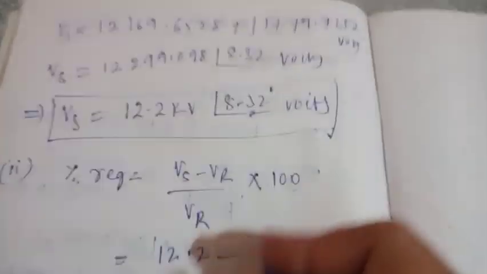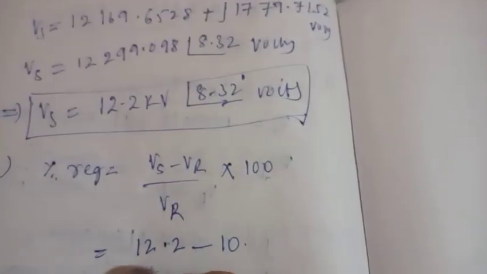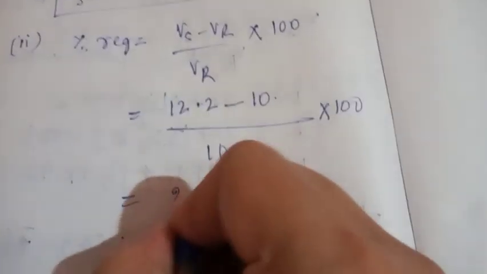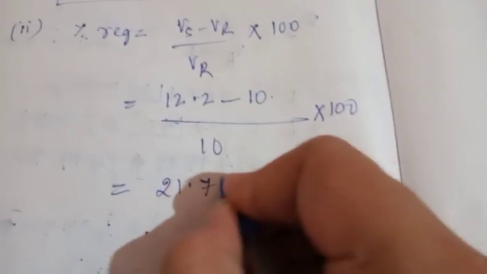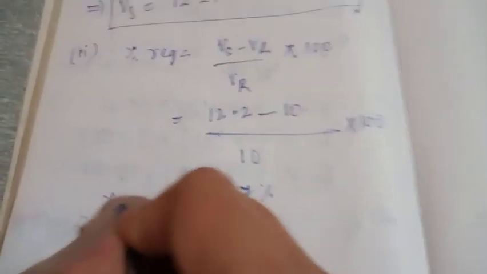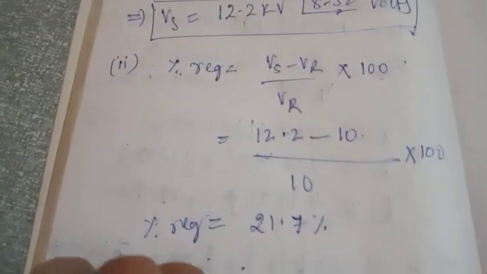Vr is the receiving end voltage, 10 kV, divided by 10 into 100. It comes around 21.7 percent.